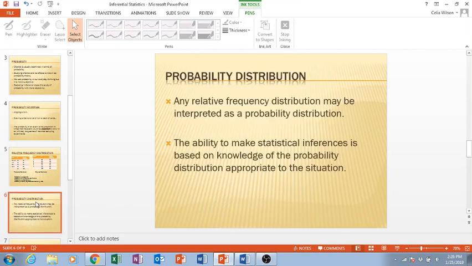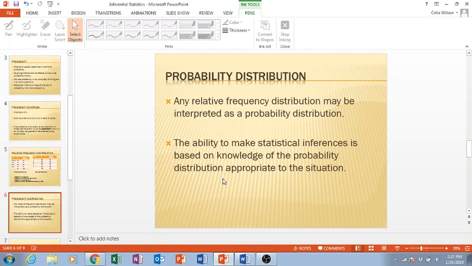All right. In fact, any relative frequency distribution can be interpreted as a probability distribution. So the ability to make statistical inferences is based on knowledge of the probability distribution appropriate to a situation. That point may not make a lot of sense to you right now, but as we continue, you're going to see that the normal curve, and the area under the normal curve, is going to come back into play.